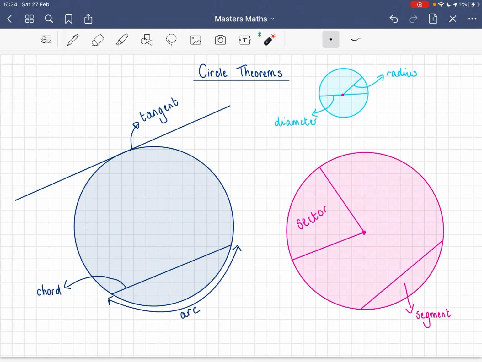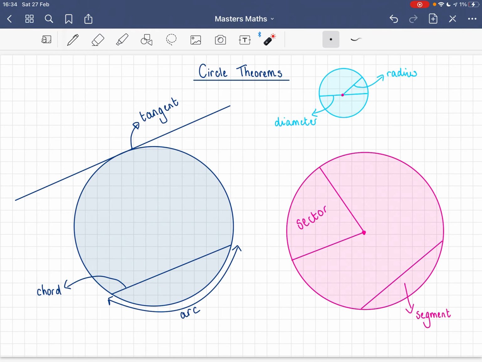That is a chord. And then an arc is a part of the circumference, which you should remember from when we did the length of an arc and area of a sector and things like that. And we looked at arcs of circles then, but it is a part of the circumference.